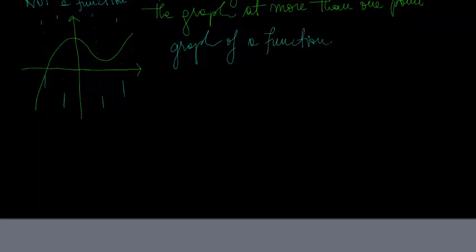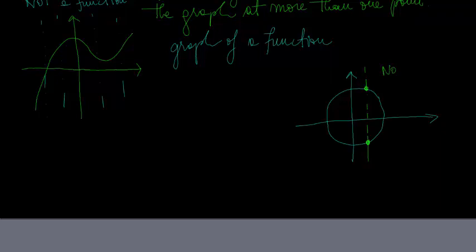Let's look at one last example. Let's say that we're dealing with the equation of a circle, and we note that this does not, using the vertical line test, represent the graph of a function. This is not a function. It is an equation, namely the equation of a circle, but it's certainly not the graph of a function.